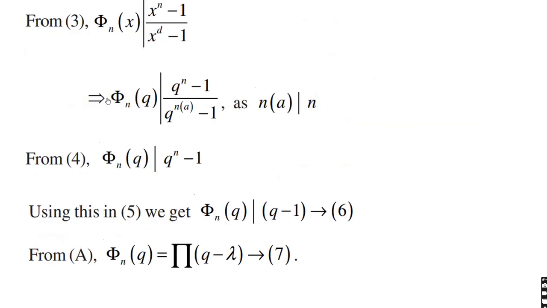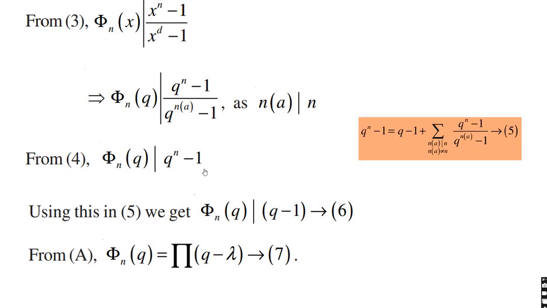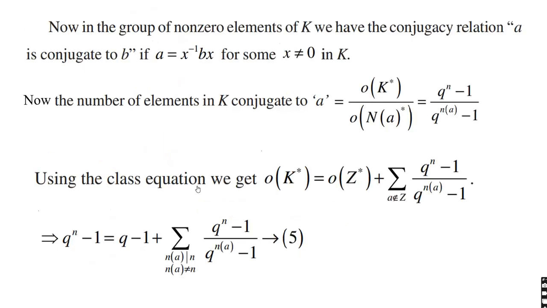So by that you have phi_n(q) to be a divisor of q power n minus 1 by q power n_A minus 1, as n_A divides n. Now from 4 what we have is phi_n(q) dividing q power n minus 1. Phi_n(q) divides q power n minus 1. Again, what is 4?